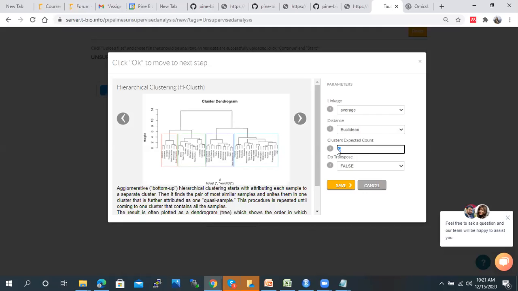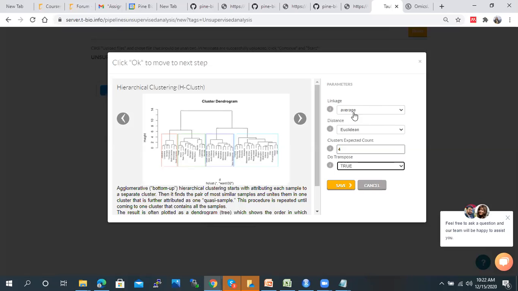As we know, in this particular data that we used for factor regression, we have minimum 2 clusters, that is ER positive and triple negative, and maximum we know there are subtypes as well, so I'm selecting 4. Then whether you want to do transpose, I'm selecting true, as we want to cluster the samples, not the genes.